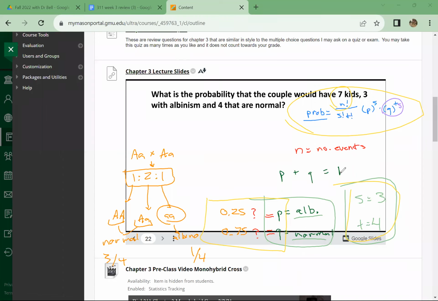Do this times it. And for that, I got the probability equaling 0.173.